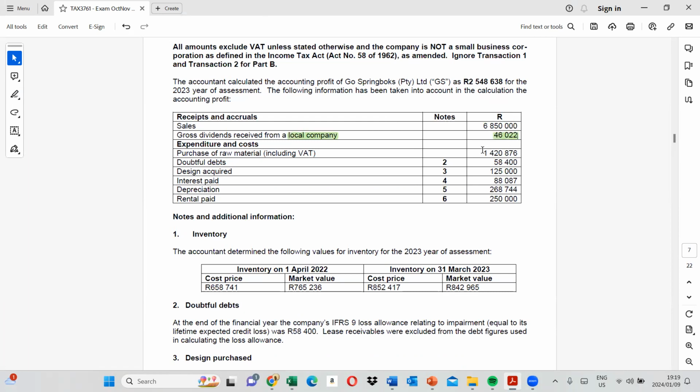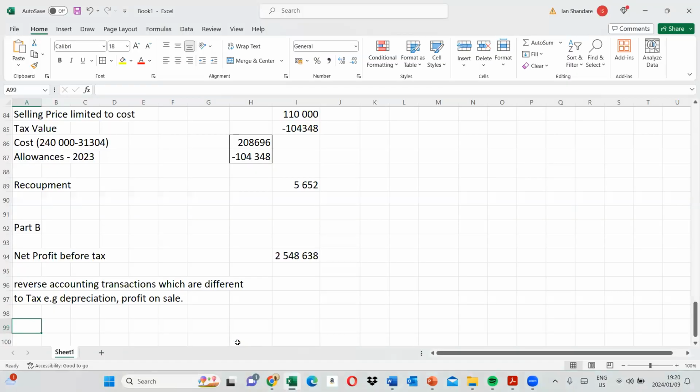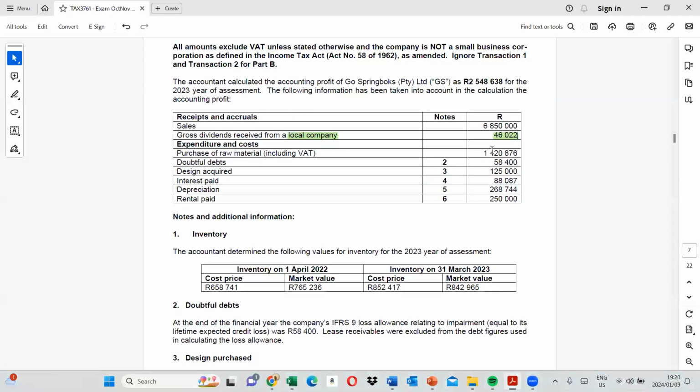The problem with gross dividends is that accountants treat it as income, but SARS would say include gross dividends in gross income, then exempt it. So accountants included this in the calculation of profit. SARS is also going to include it, but SARS will go on and say exempt. So you have to deduct them. These are local dividends, 46,022.